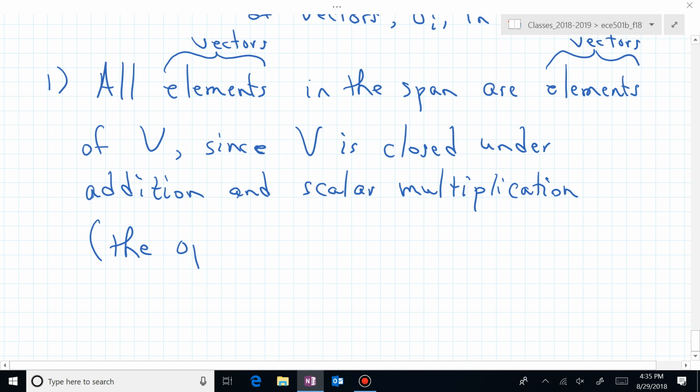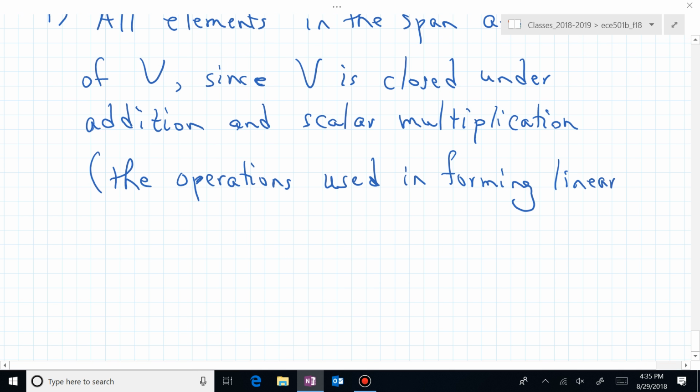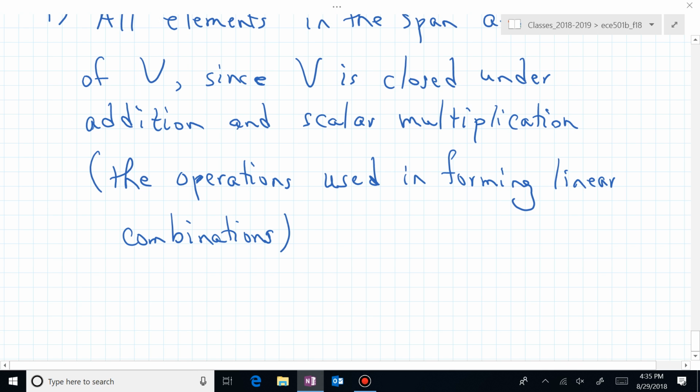The operations used in forming linear combinations.